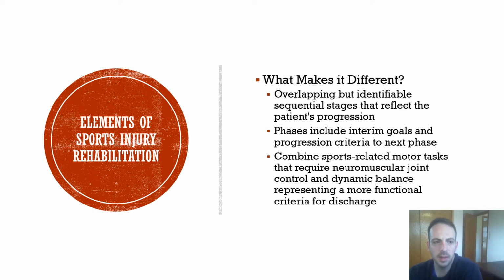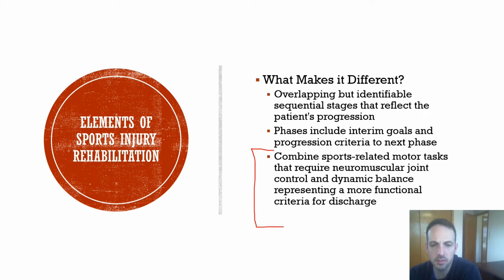So when we get into evaluating a sports injury as opposed to other types of injuries, what really makes it different is that we have some major tasks that are going to be really important for us to return to normal in order for the person to return to participation.